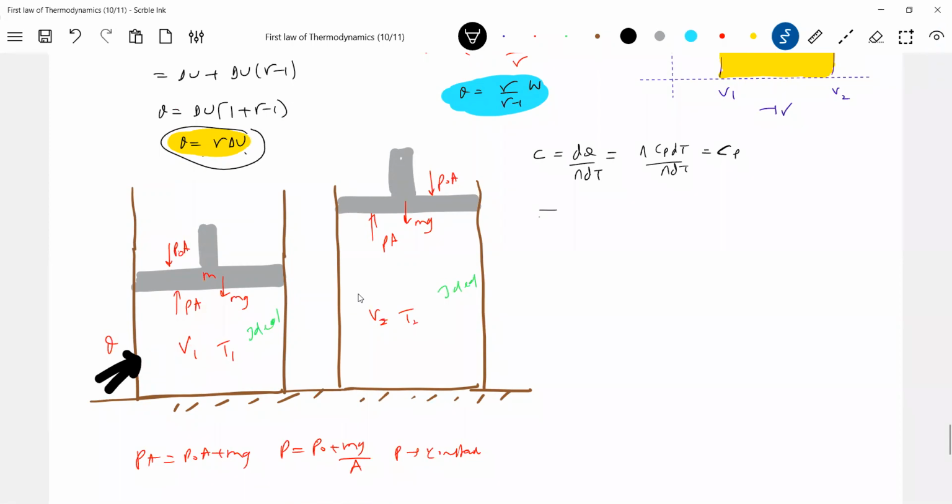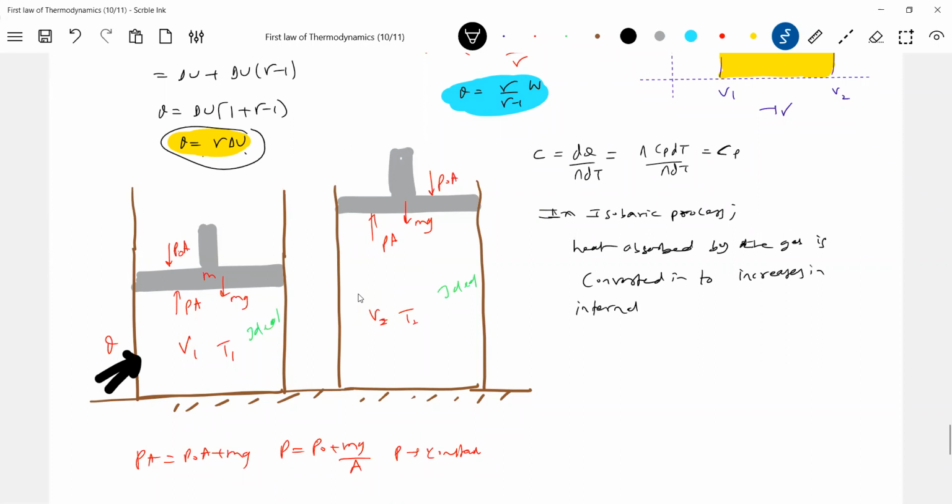In isobaric process, what does the gas do? In isobaric process, heat absorbed by gas is converted into increase in internal energy of gas and mechanical work done by gas.